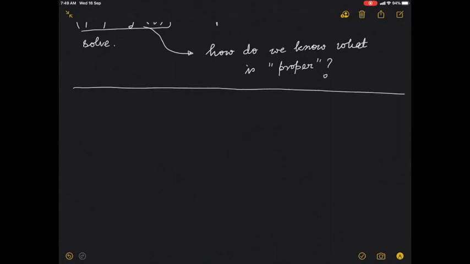Now let me remind you of the same thing for the Hamiltonian systems. So, Hamiltonians and cyclic coordinates.